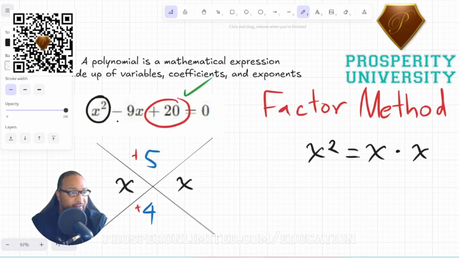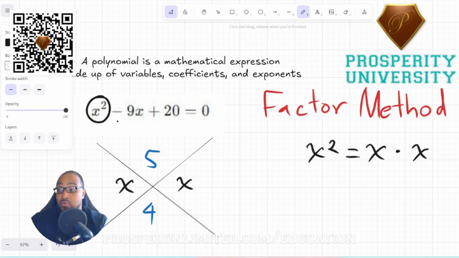However, let's think about this. We still have a negative 9 over here. So positive 5 times positive 4 do make positive 20, but positive 5 plus positive 4 don't make negative 9. We're on the right track, we just need to do a little tweaking, right?